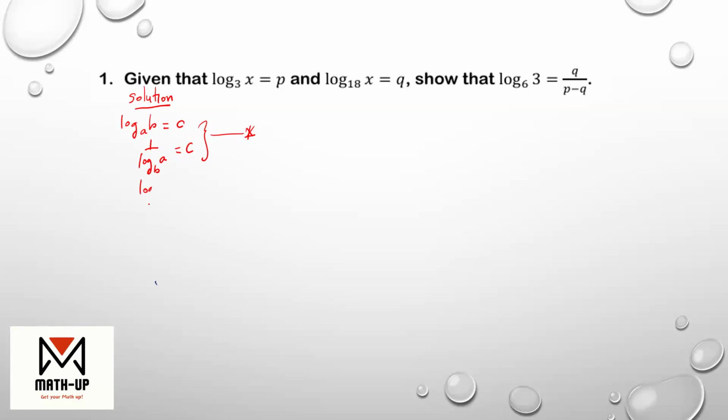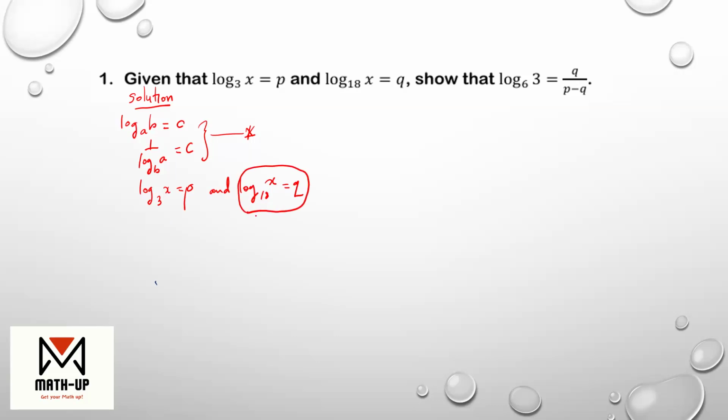We have log x to the base 3 is equal to p, and log x to the base 18 is equal to q. So what we are looking for is how we can manipulate this, because we can see it is the most interesting one.